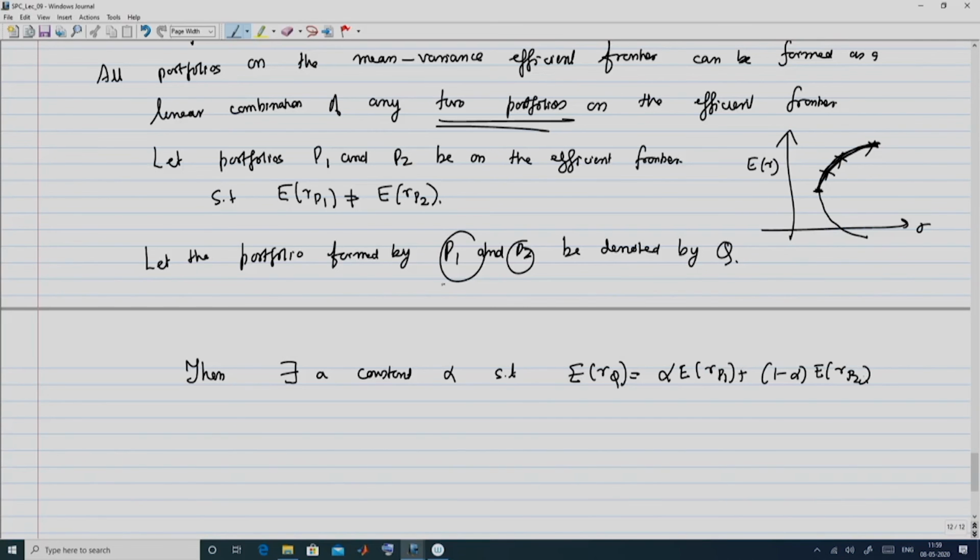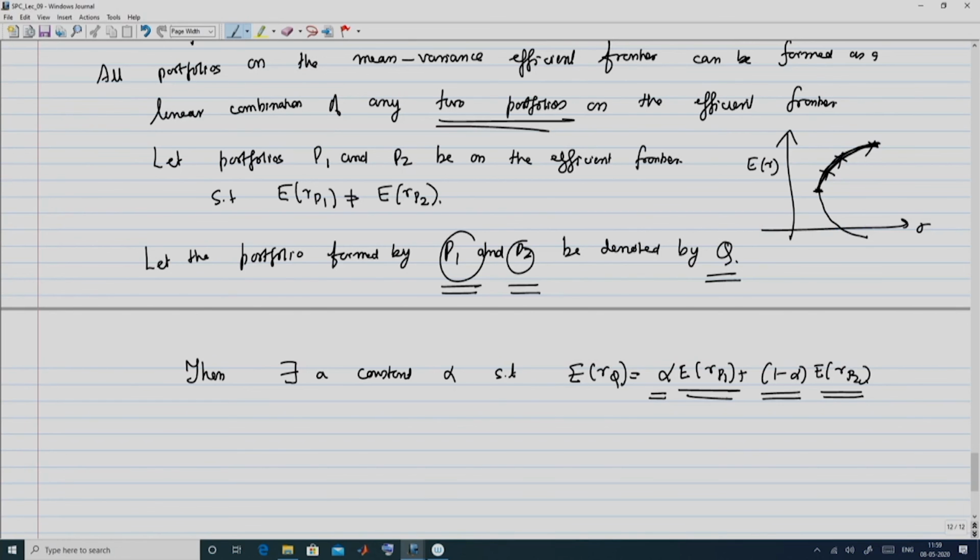So, this means that these two portfolios P 1 and P 2 on the efficient frontier can be combined to form a new portfolio Q, such that the weight of the portfolio P 1 is alpha, and consequently the weight of the portfolio P 2 is going to be 1 minus alpha.